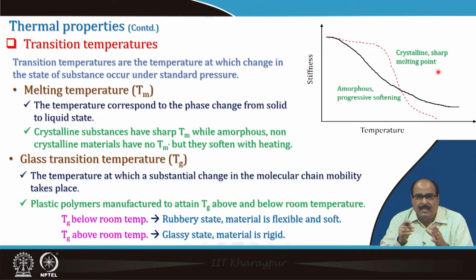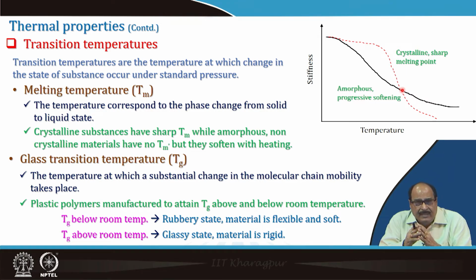Crystalline substances, they have a sharp melting point, you can see here sharp melting point, okay, while the amorphous or non-crystalline materials have no melting point, but they soften with the heating. When they are heated, they become soft, but they may not melt.